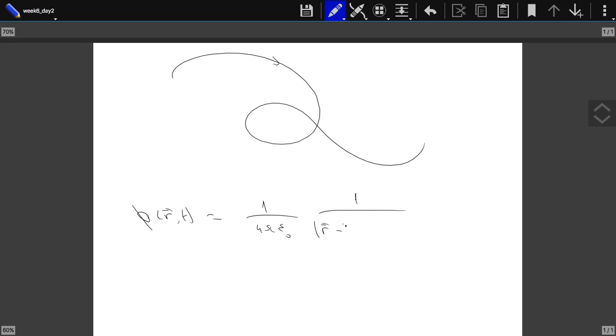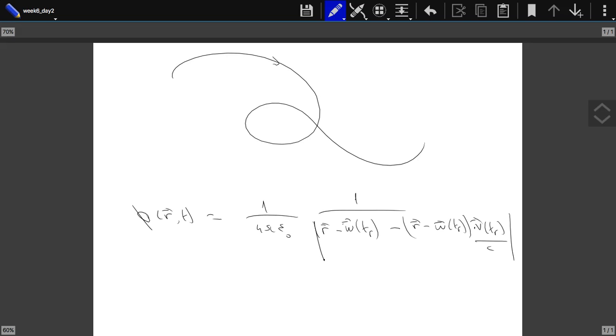Let me write it in this form, omega of t_r. But since now we also have this motion, we have an additional correction: minus (r minus omega of t_r) dot the velocity at t_r divided by c.